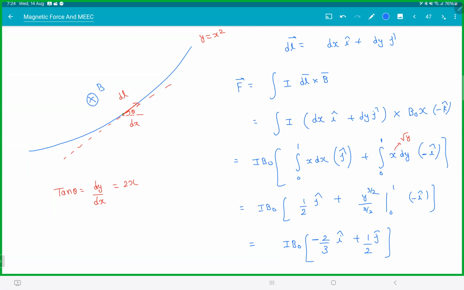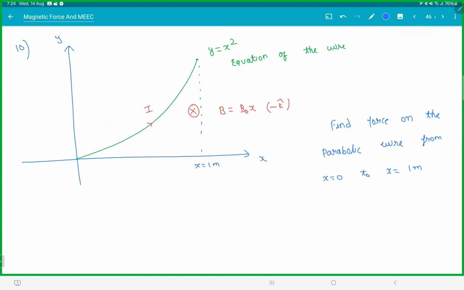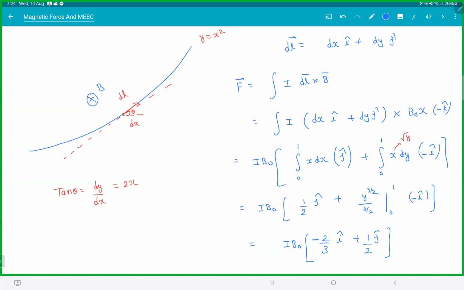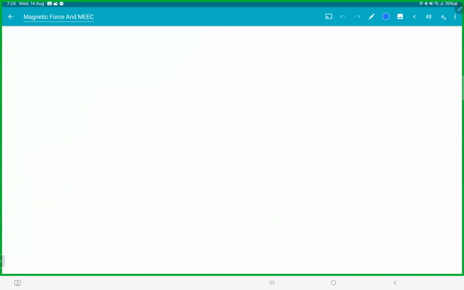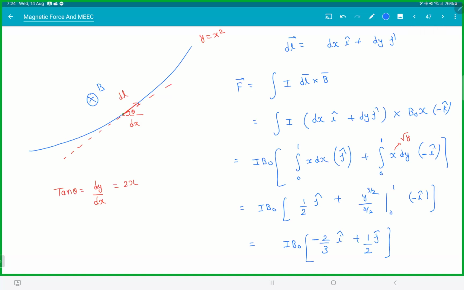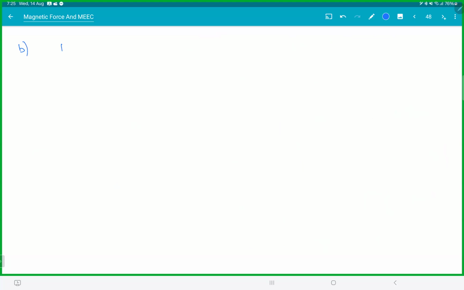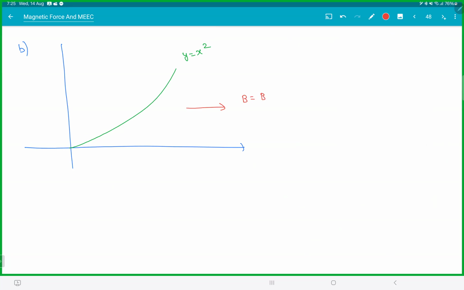Same question, let's change it a bit. Tan theta I didn't use anywhere, right? Basically, when I wrote i cap, j cap, it didn't matter. Try for this. Same question, y is equal to x square, but let's say this time the field is b equal to b naught x i cap. It's not minus k cap, i cap. This is the current.